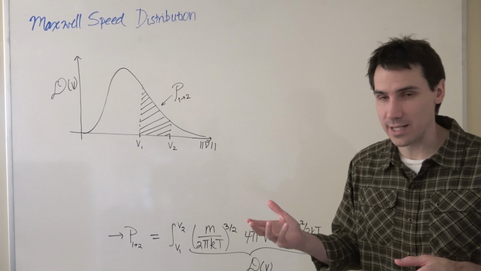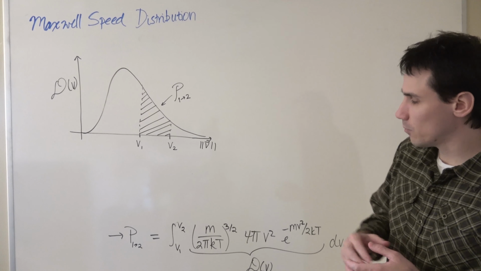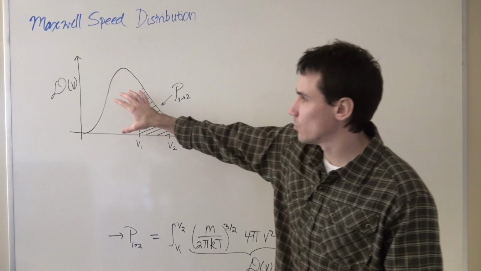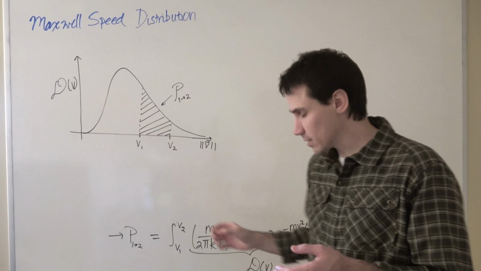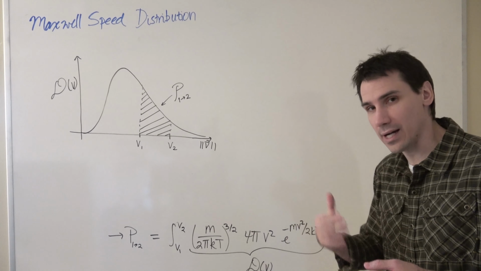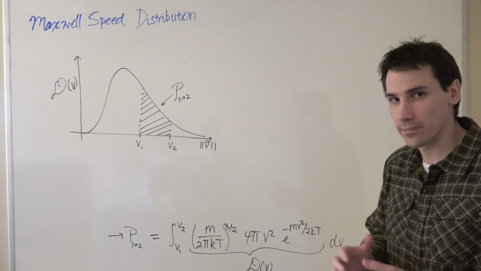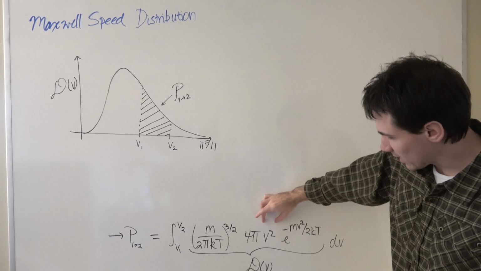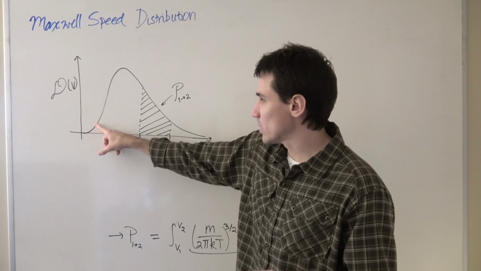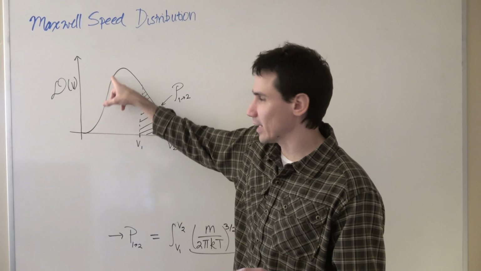There's only one way to be stationary. But as our velocity increases, our relative probability increases, and that is because the number of ways of having higher velocity is larger. You can think of this as the v squared winning in this region here, and we look like a parabola.